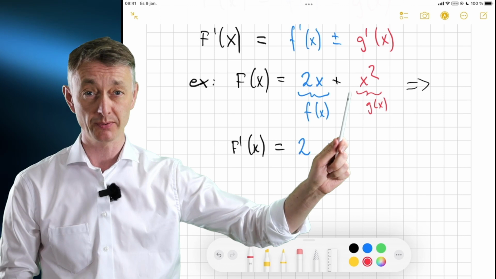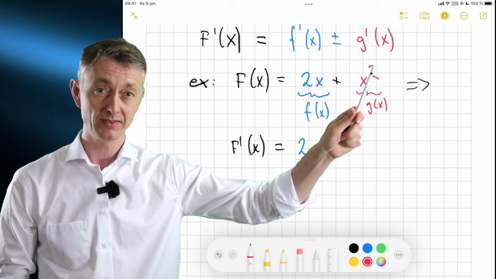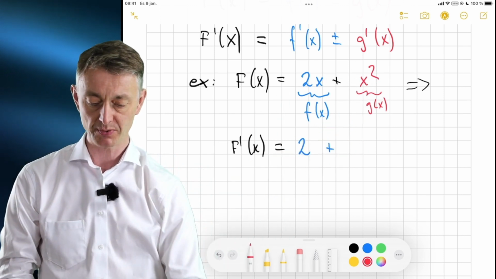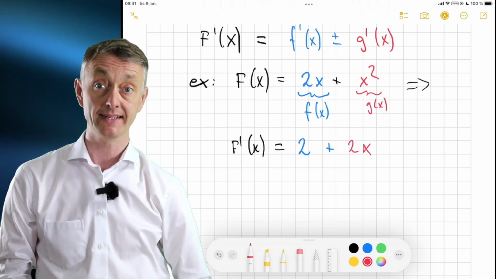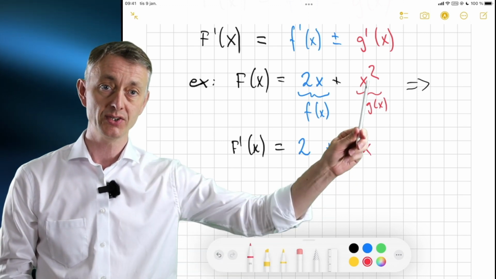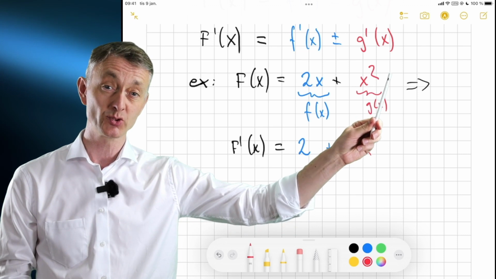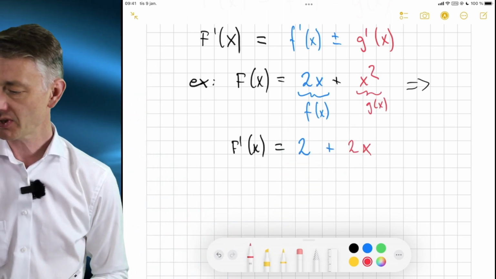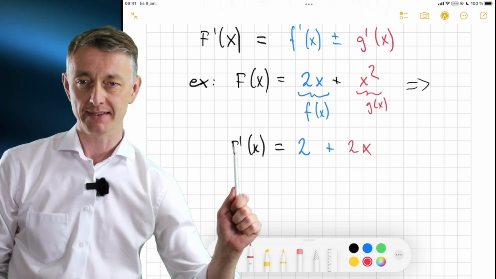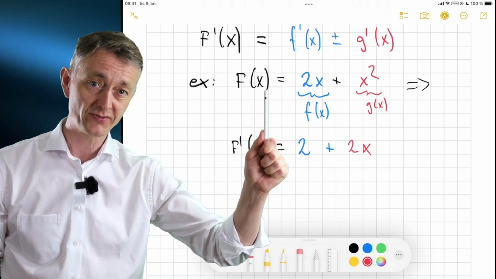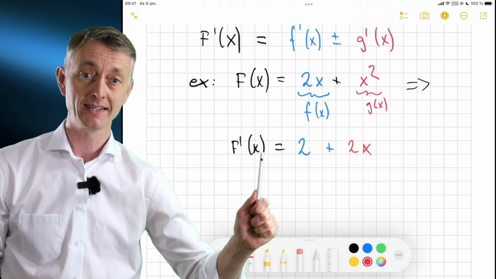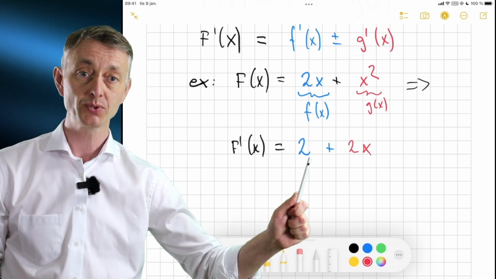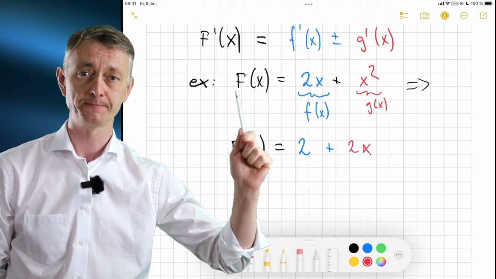Then we have to apply the power rule, so the exponent drops down, so we'll have a 2, and then the x, and the new exponent will be 2 minus 1, that's just 1, so it's 2x. So the derivative of this function with respect to x is 2 plus 2x.